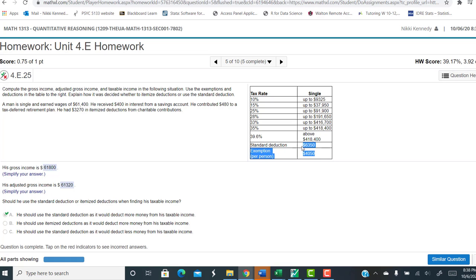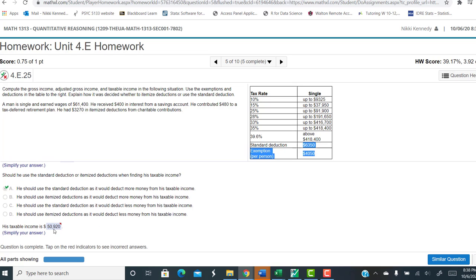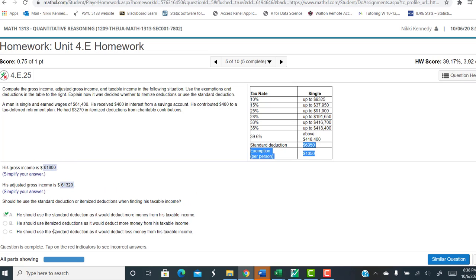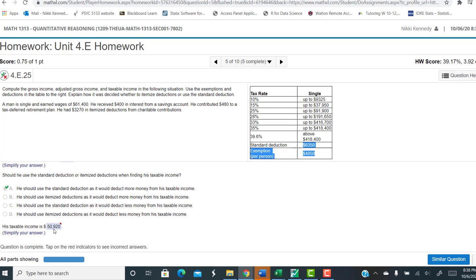So you're going to subtract both of those. If you'll notice, this is $10,400. So subtracting that from the 61,320 gives us 50,920. And that is his taxable income. So that's what he'll be charged tax on.